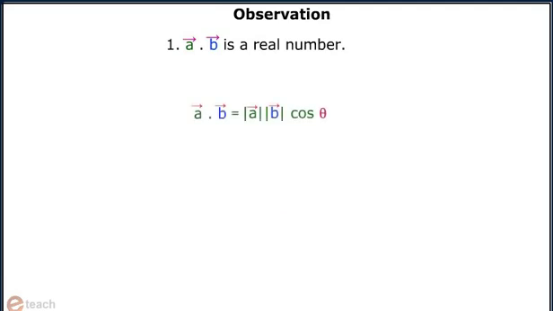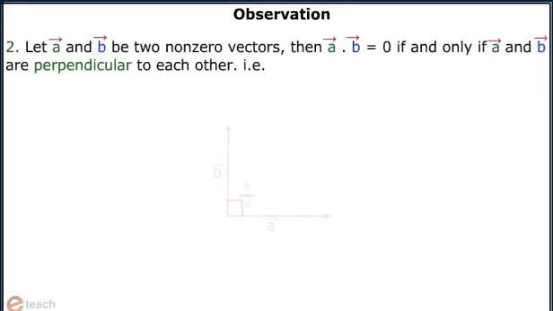Observations: a dot b vector is a real number. A dot b equals mod of a vector into mod of b vector into cos theta, which is a real number. Let a vector and b vector be two non-zero vectors.